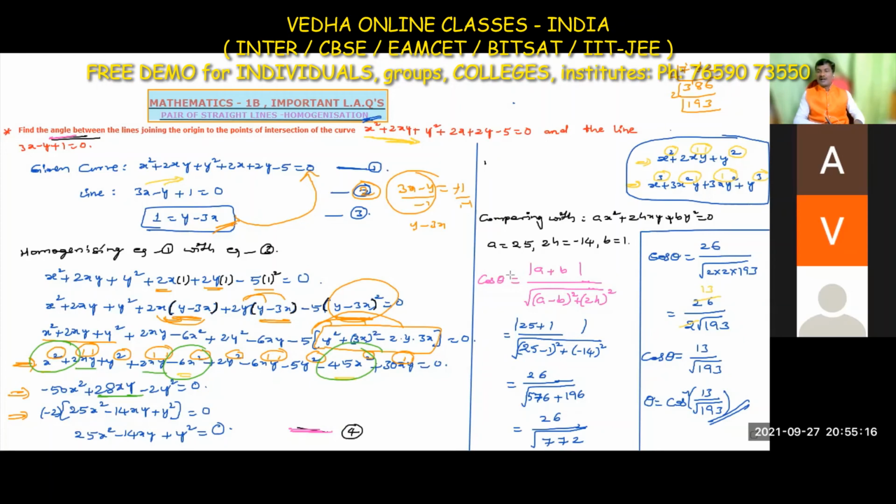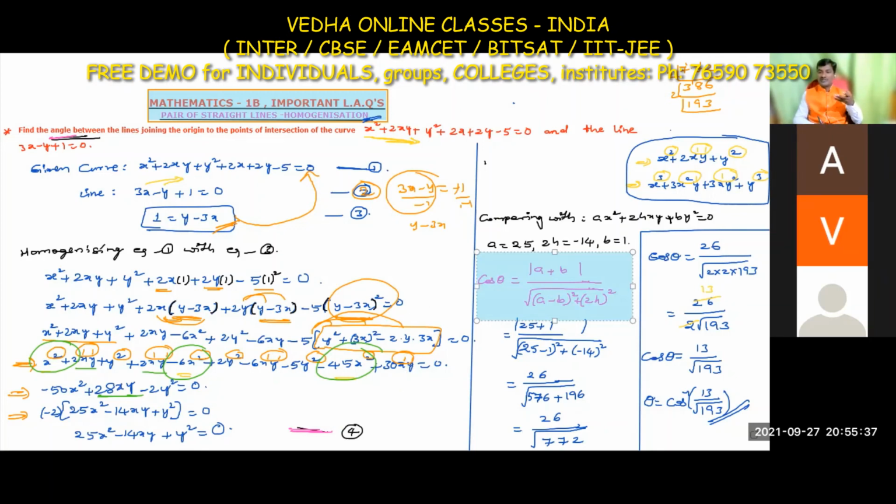Cos theta is equal to a plus b divided by under root of a minus b whole square plus 4h square. Then we are substituting a and b values in this and simplifying.